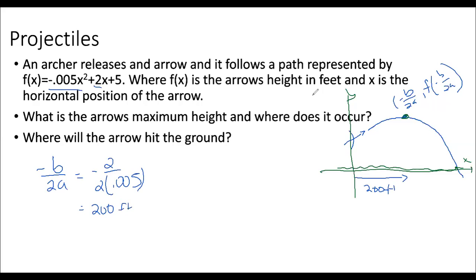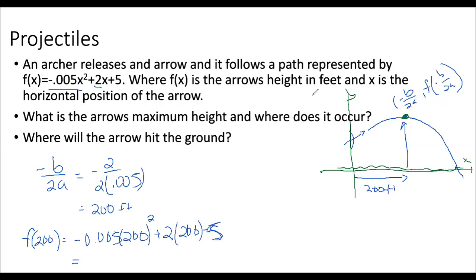Right? We want to know how high we go up. So to find the y coordinate, we have to plug this in. We need to find f of 200. So we're just going to plug this in. This is negative 0.005 times 200 squared plus 2 times 200 plus 5.